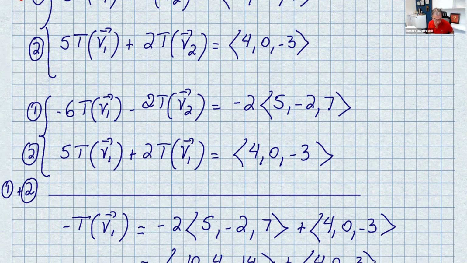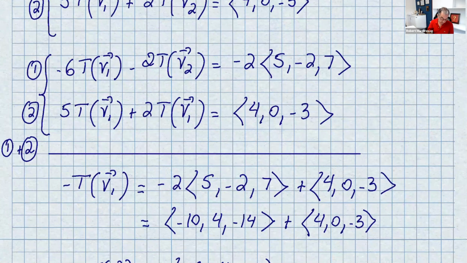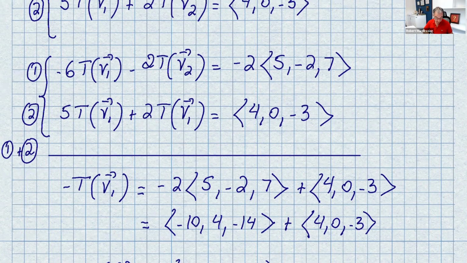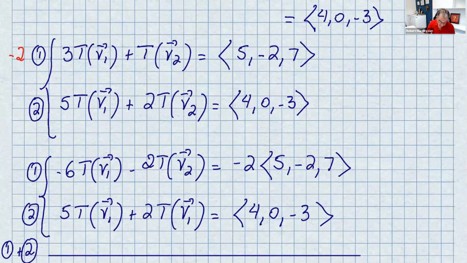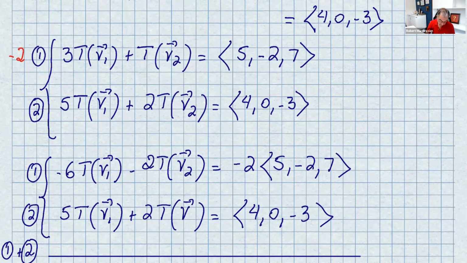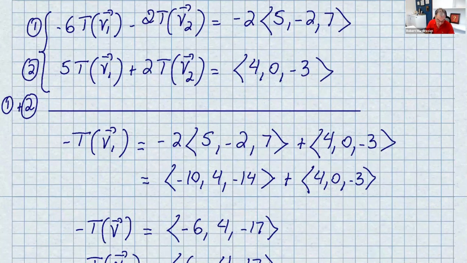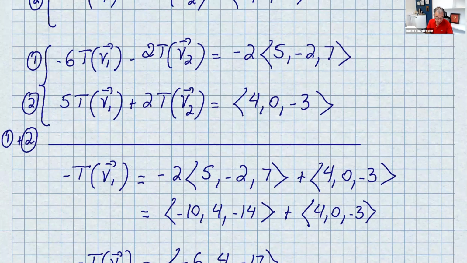I think this is pretty simple now. If we add 1 to 2, -6 T of v1 plus 5 T of v1 is -T of v1, and the T of v2 terms are going to eliminate. And we have to do the same thing to the right side.